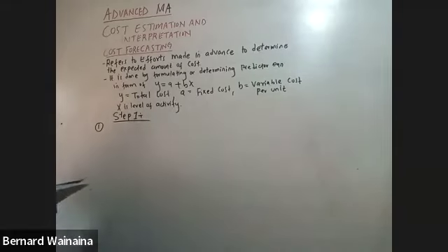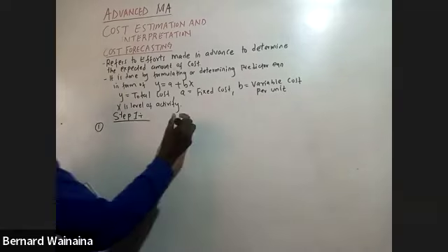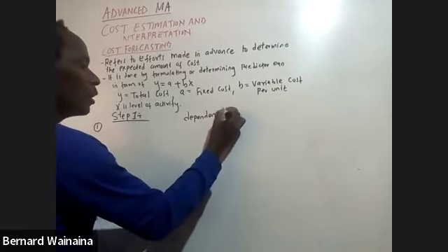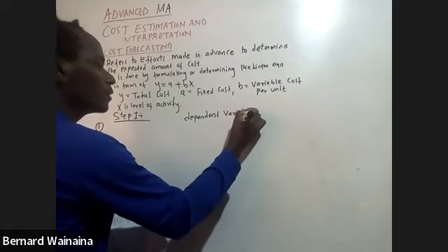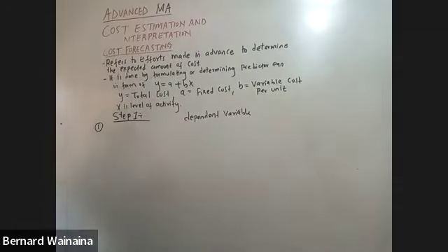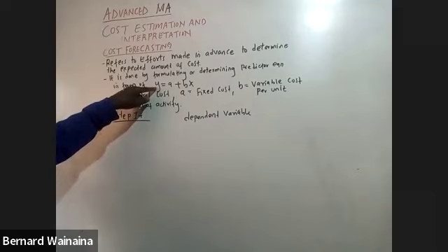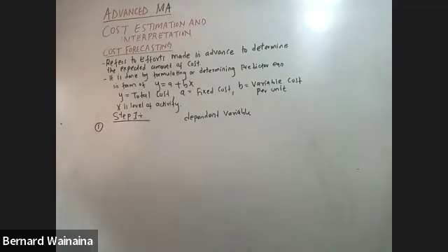This is referred to as the dependent variable, represented by letter Y. So that is step one: identify the cost to be predicted.